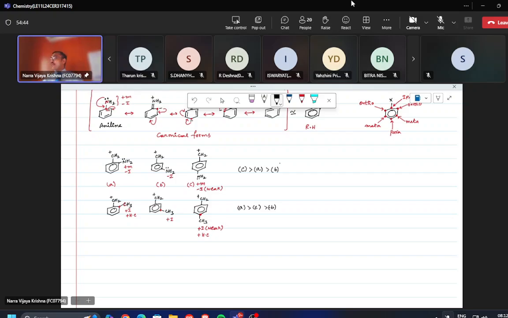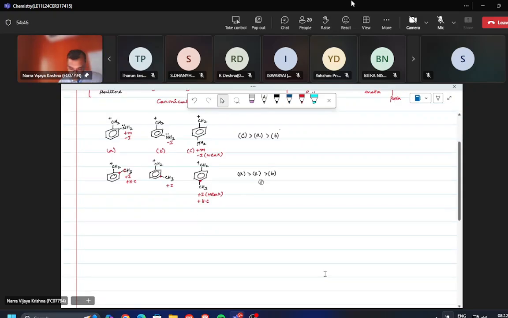One more example I am giving. If you understand this, then you can judge stability or acidic nature of acids more easily, right?